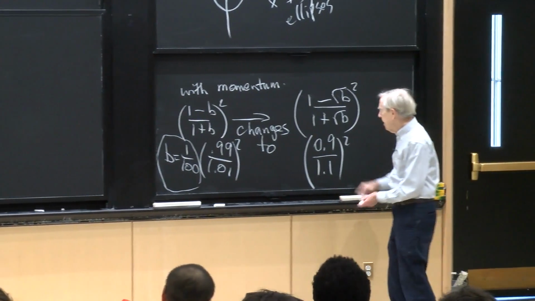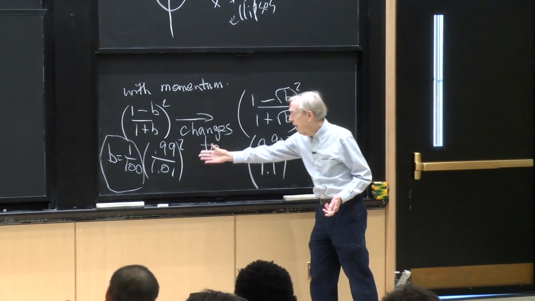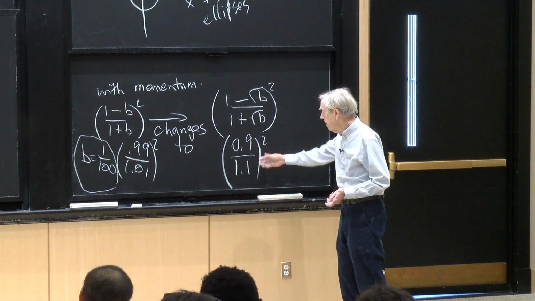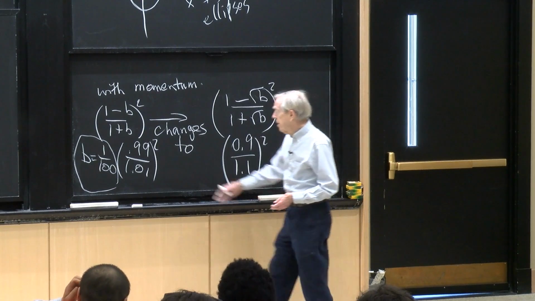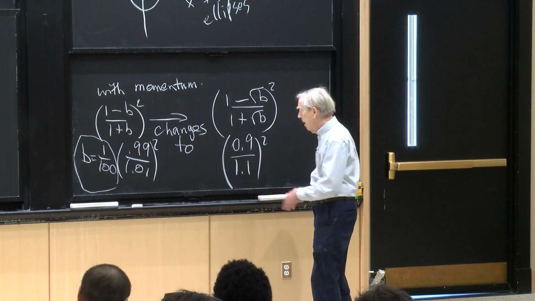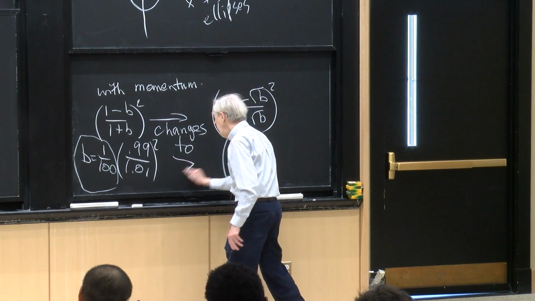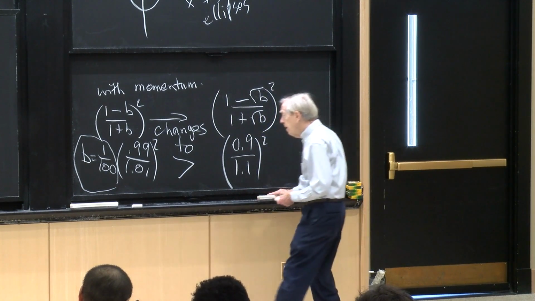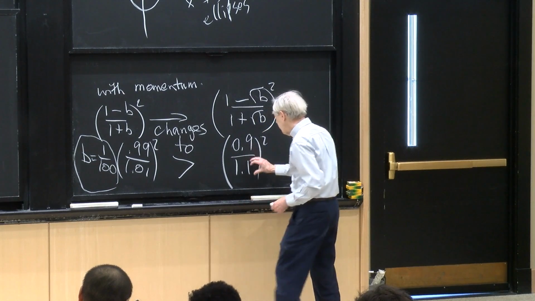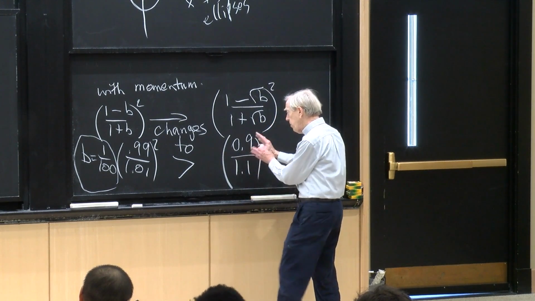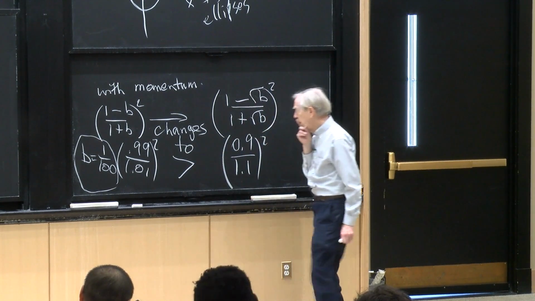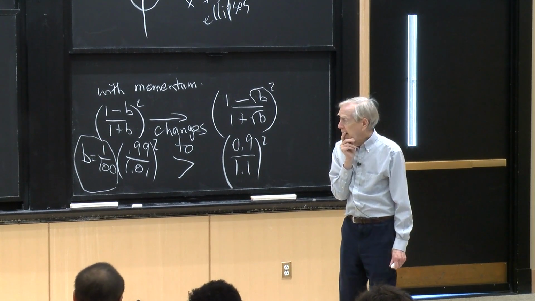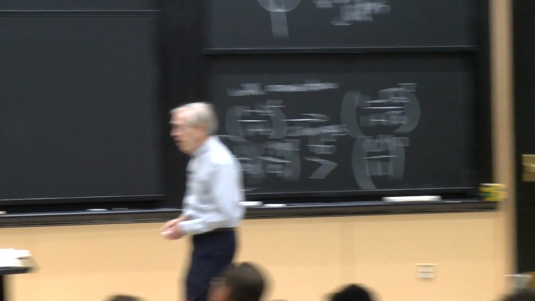And that's a lot smaller than that is. 9 over 11 compared to 99 over 101. This reduction factor is definitely well below that one. So it's a good thing. It's worth doing.